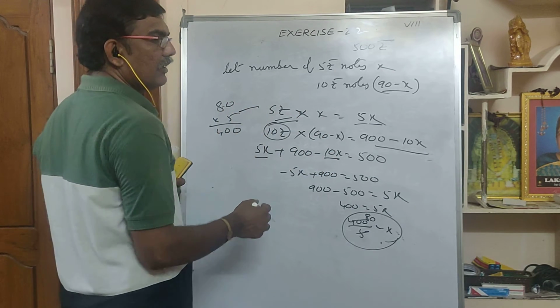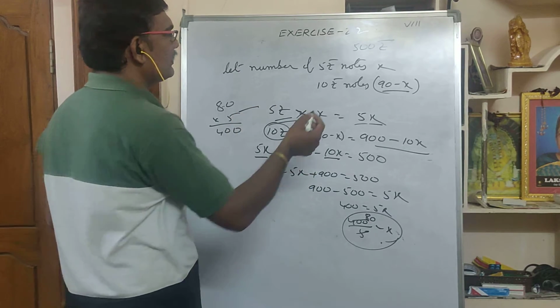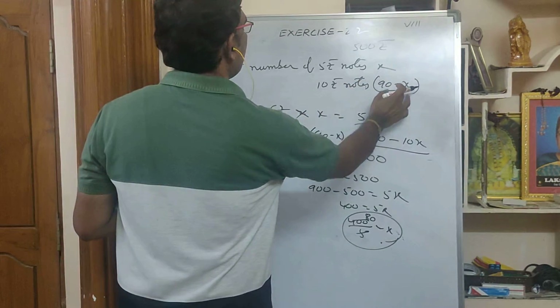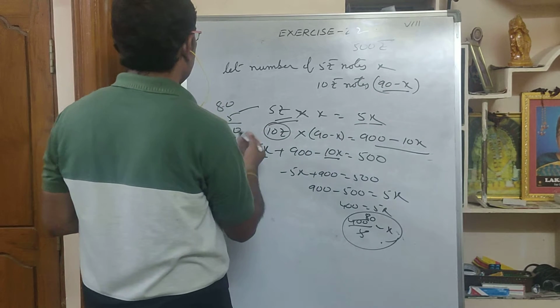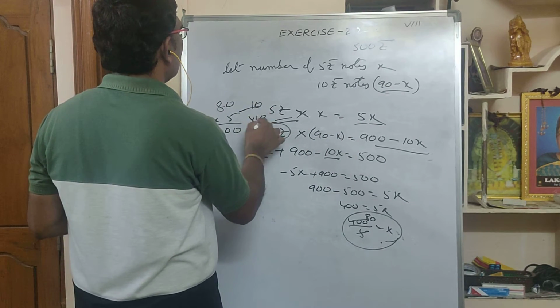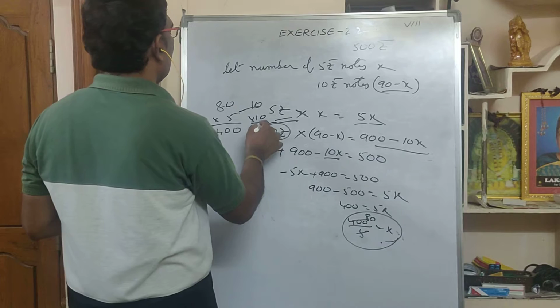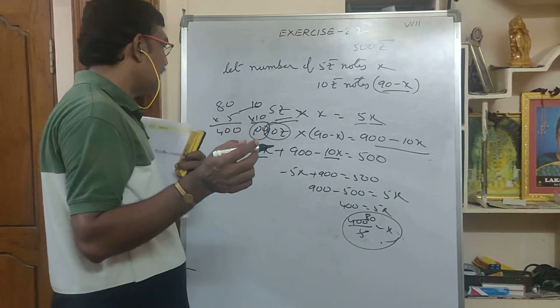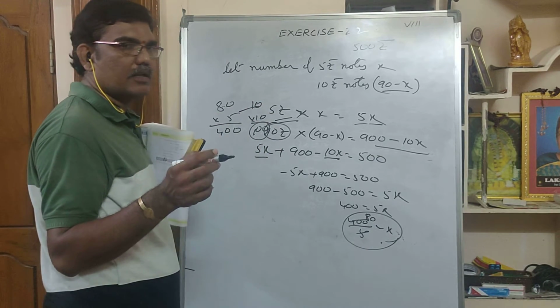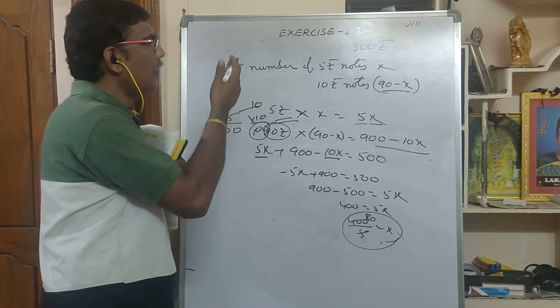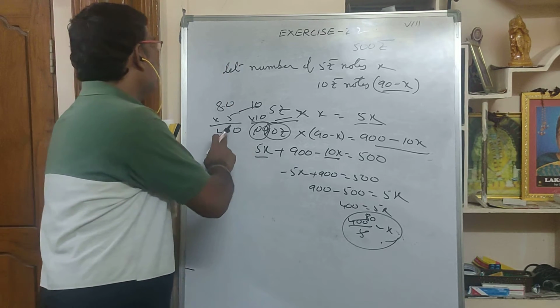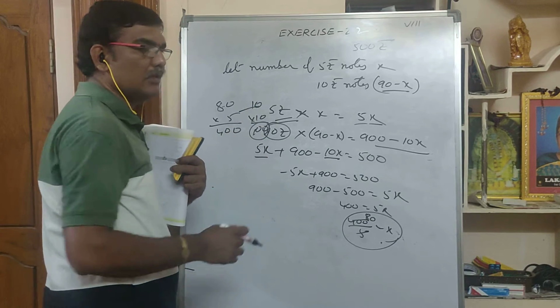In denomination you have only 10 rupee notes. So 90 minus 80 means 10 rupee notes, how many will be there? 10 only. 10 tens are how much? 100 rupees. 10 rupee notes 10 are there, 5 rupee notes 80 are there. So the problem is clear. Total amount is 500, total notes are 90.